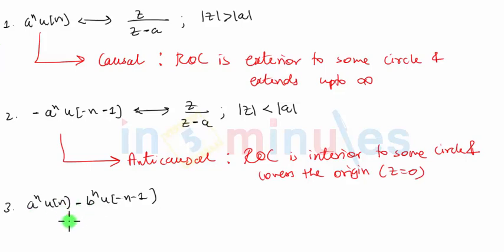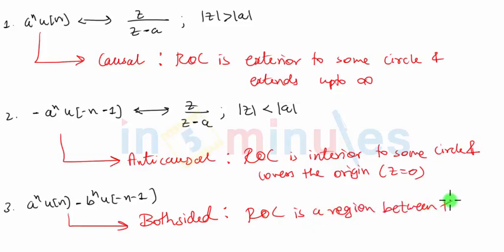Now whenever a signal is non-zero for some or all positive and negative values of n, such a signal is called a both-sided signal. And for a both-sided signal, the ROC is a region between the two circles. In such a case, the ROC will always be the region between the two circles, and that's what we got.